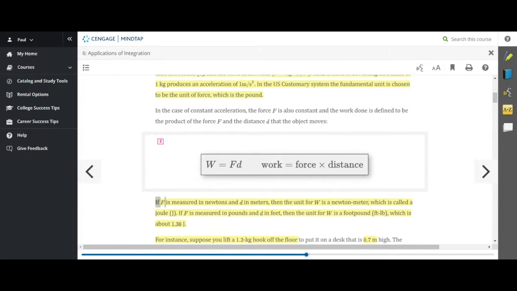They mention here that if force is measured in newtons and distance in meters, then the unit for work is the newton meter, which is called a joule. And if force is measured in pounds and distance in feet, then the unit for work is the foot-pound.